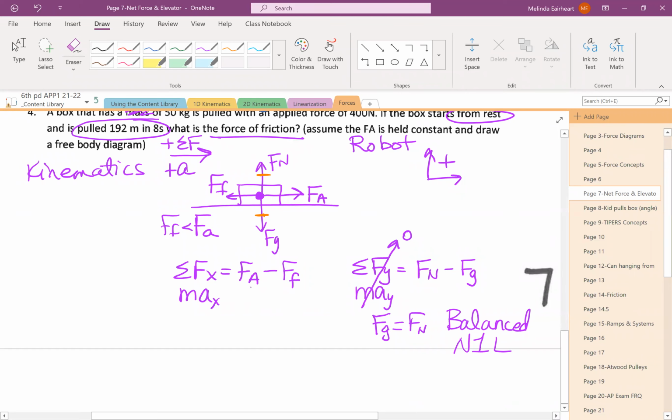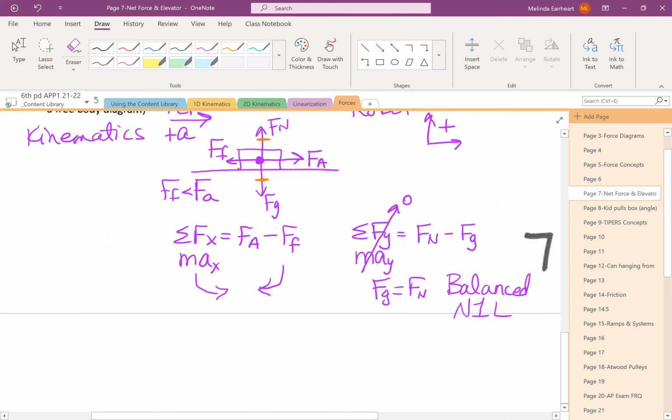And so they do give you Fa, and we are going to be asked to solve for friction. And so if I was to add friction to the other side and then subtract ma from both sides, careful here, I'm doing 2 steps in one. Friction force equals the applied force minus max. They give you applied.